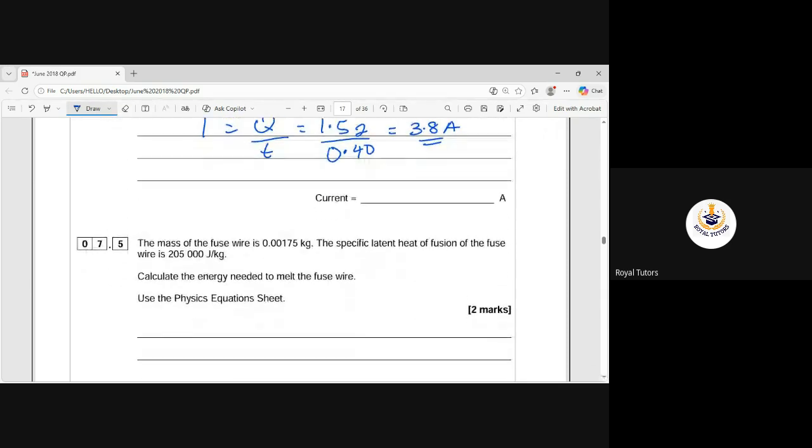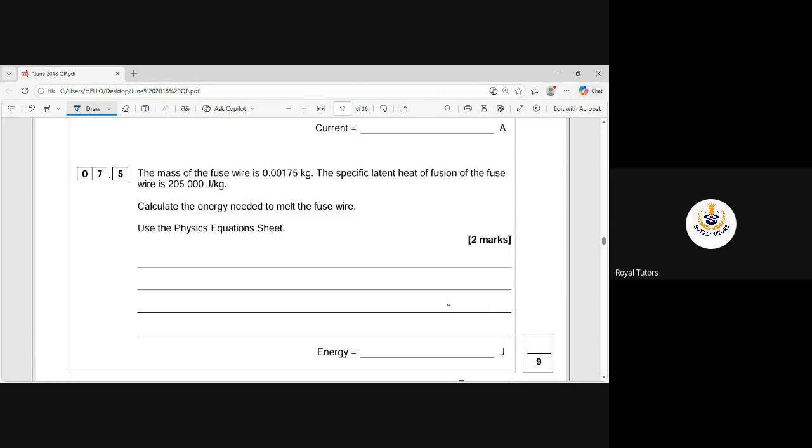Let's move on to the next question. The mass of the fuse wire is 0.00175 kilograms, and the specific latent heat of fusion of the fuse wire is 205,000 joules per kilogram. You are asked to calculate the energy that is needed to melt the fuse wire. In this regard, you're going to be given the equation sheet to use. The energy is the mass multiplied by the specific latent heat of fusion.